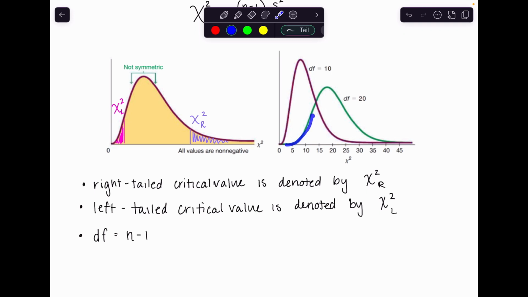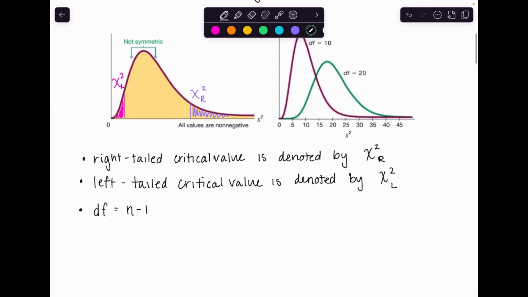But when you increase and have more degrees of freedom, that graph starts moving to the right. If you increase the degrees of freedom again, it would look something like this. So as the degrees of freedom increases, the chi-squared distribution approaches a normal distribution.